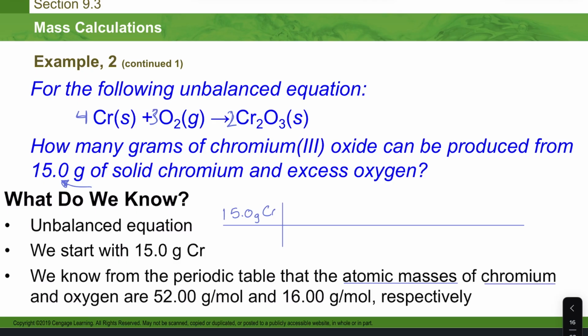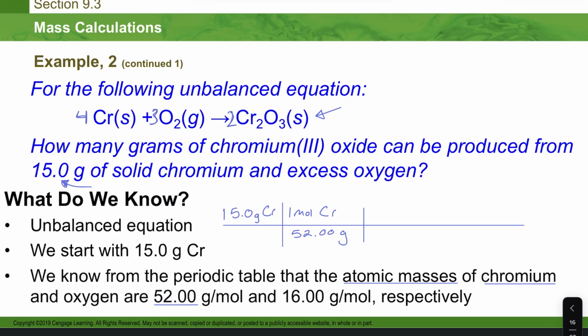The molar mass of chromium is 52.00 grams per mole, and we want to get into moles anyway so that we can use this equation up here. So I'm going to put the 52.00 grams on the bottom so that I can cancel out grams. 52.00 grams for every 1 mole of Cr.